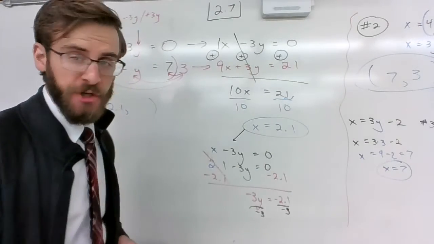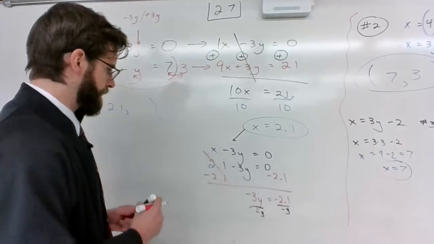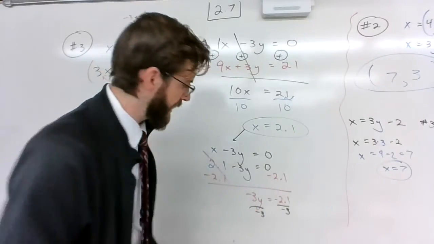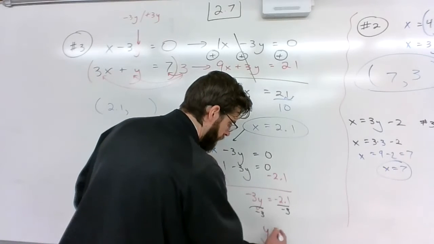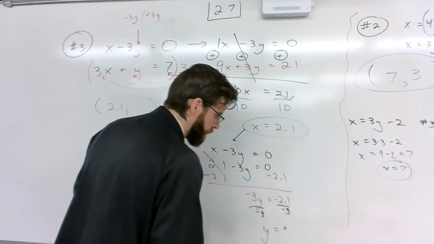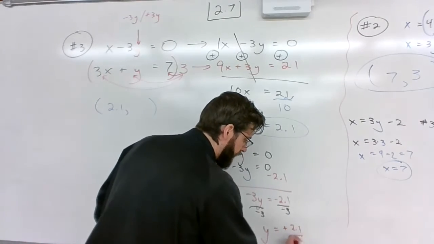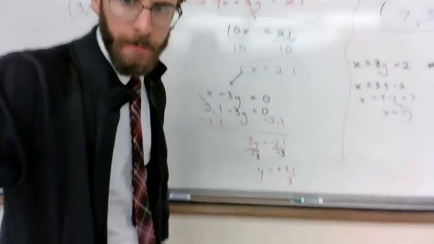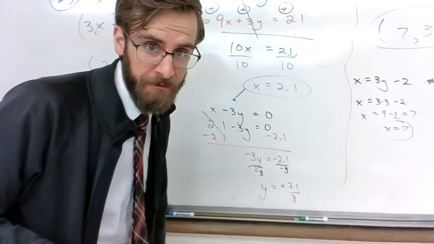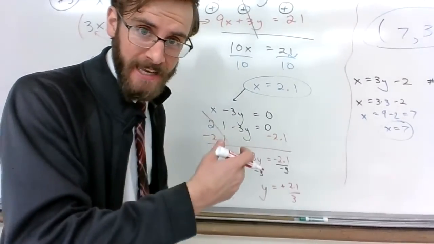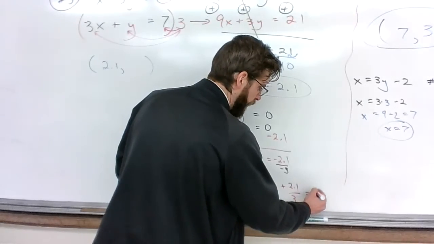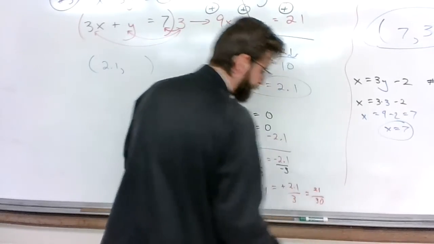Now, quick crash course in decimal division. Well, first of all, a negative divided by a negative is a positive value. And then, just recognize that you can move the decimal place over one time on both the top and the bottom part of that fraction, because you can multiply the top by 10 and the bottom by 10. So this is the same as 21 over 30.